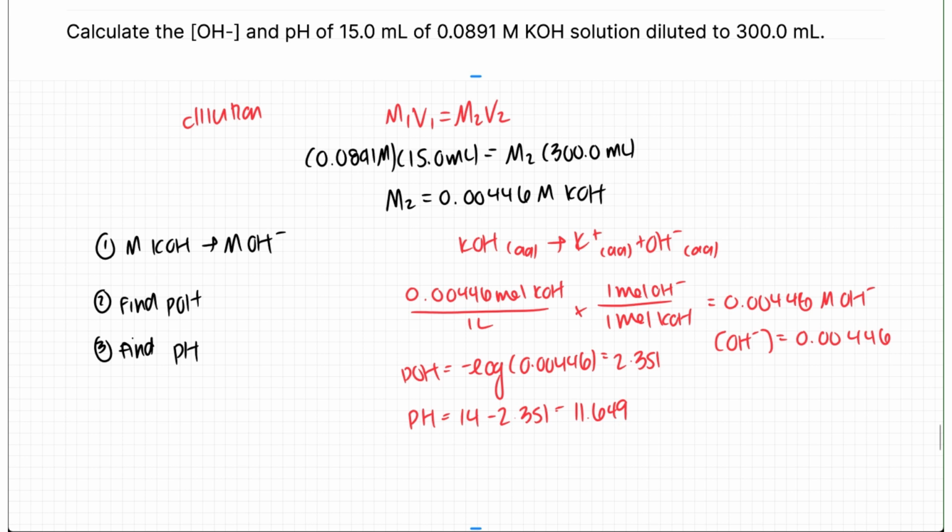This example helps us to see that for a diluted concentration of strong base, we will have a pH that is closer to 7, a little lower than the other strong base pHs that we saw for the previous examples.